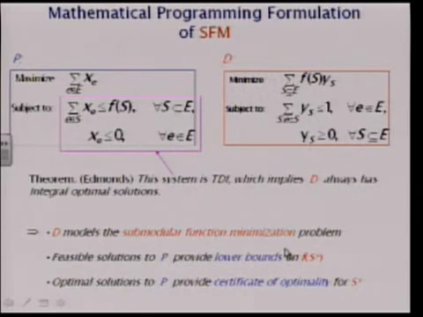You can always borrow the idea from branch and bound and the duality theory that we talked about before. You can always try to lower bound your problem and then provide some way to certify that your solution is the optimal one by eliminating all the infeasible branches using the lower bound.